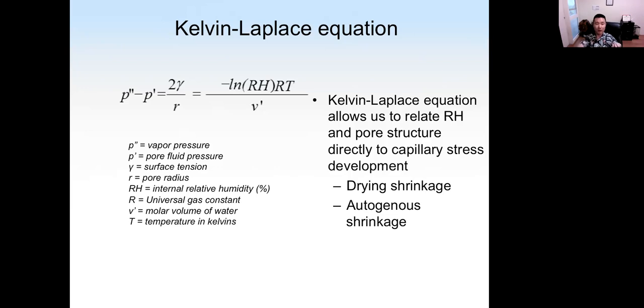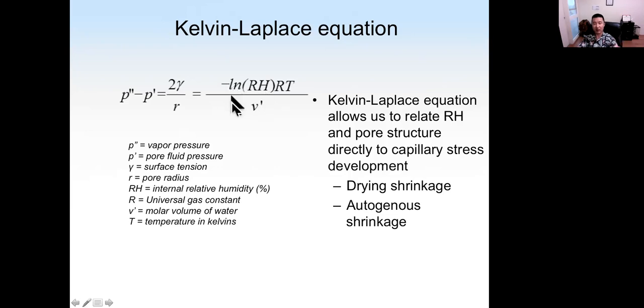As you can see from this equation, which we call the Kelvin-Laplace equation, when we reduce the pore size, we increase the shrinkage stress, which is the difference between vapor pressure and the pore fluid pressure. If we reduce the surface tension gamma, that will reduce the shrinkage stress. If we reduce RH, the relative humidity, for example 80%, this is the natural log of 0.8, but we have a negative sign here.